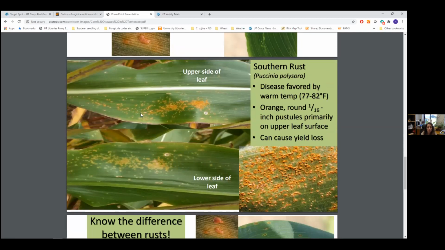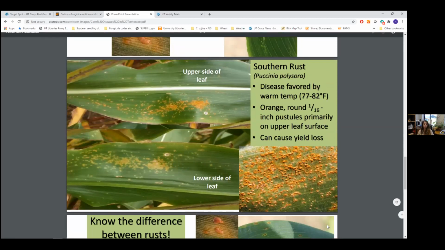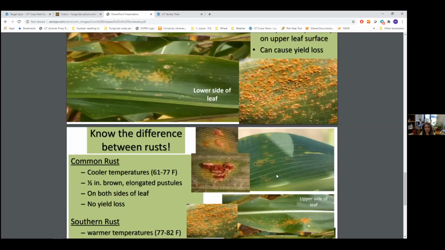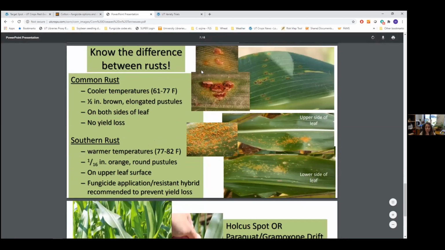It's going to be usually more orange to yellow in color, with smaller lesion or pustule sizes, and it's favored by warmer temperatures, and hence it can be more devastating than anything, because we're growing corn in the hottest time of the year, and it can really explode. So again, know your differences between your common rust, these pictures on the upper side of the slide, versus your southern rust on the lower side.